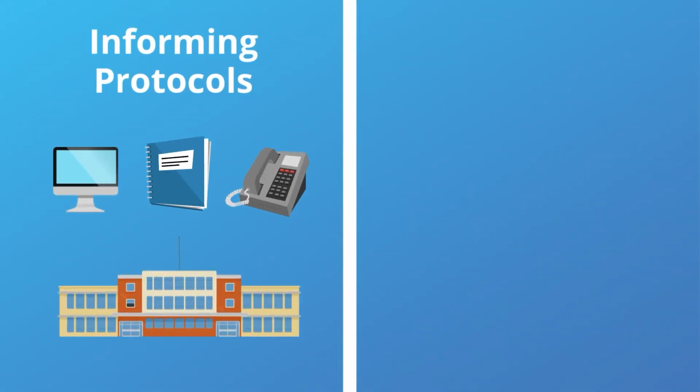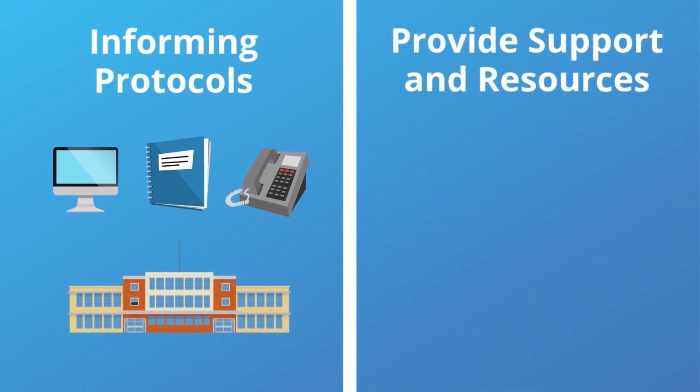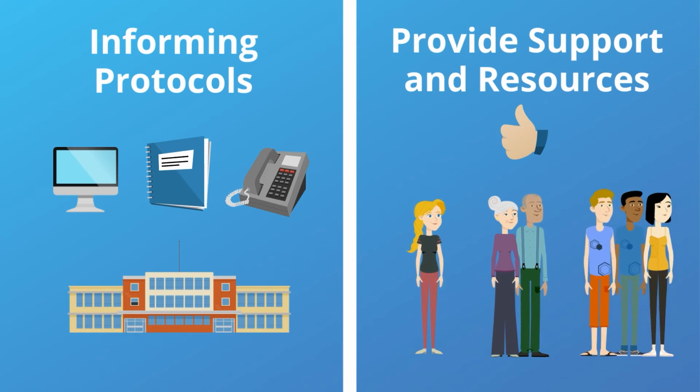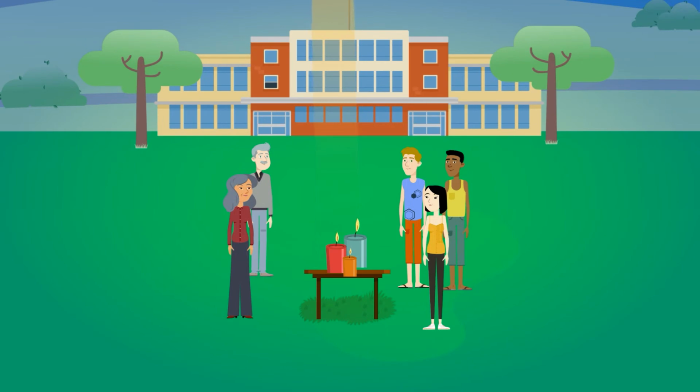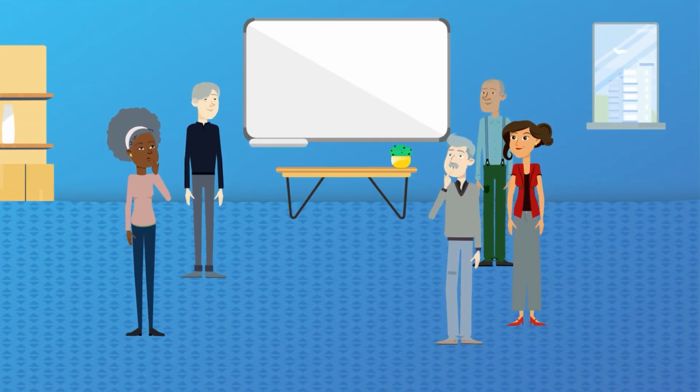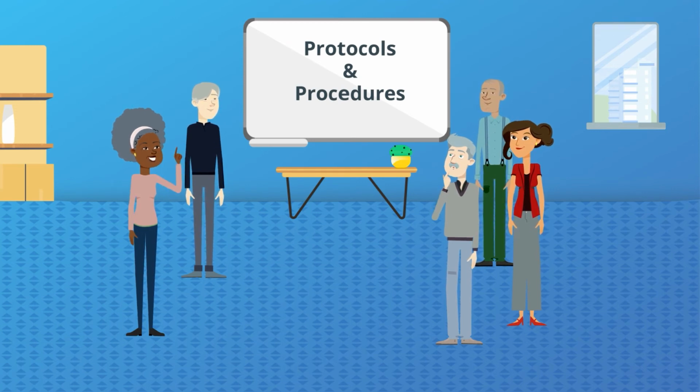This includes having protocols for how to inform the campus and public, providing appropriate support and resources to friends, family, acquaintances, and others affected who may have not even known the decedent, and facilitating ways for the campus to honor the individual's life without increasing the risk of contagion. It's also crucial that all relevant personnel are aware of these protocols so they can implement them without delay if ever needed.